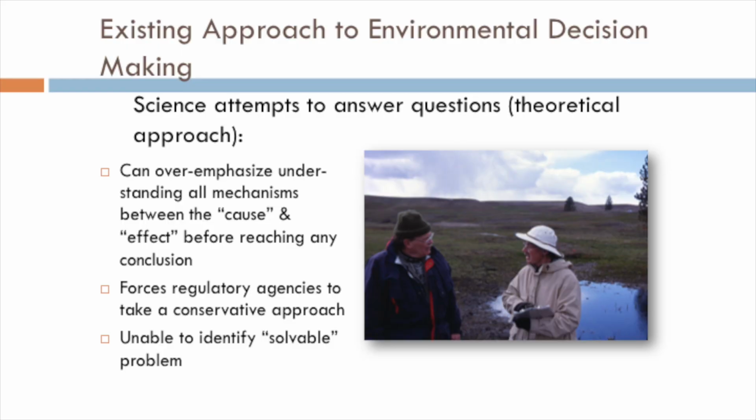Again, they will go to just saying we're going to have one size that fits all for buffers, one type of mitigation ratio, when in effect you may not need that particular buffer size or that particular ratio for that wetland because you don't understand the specific relationship between the cause and effect.